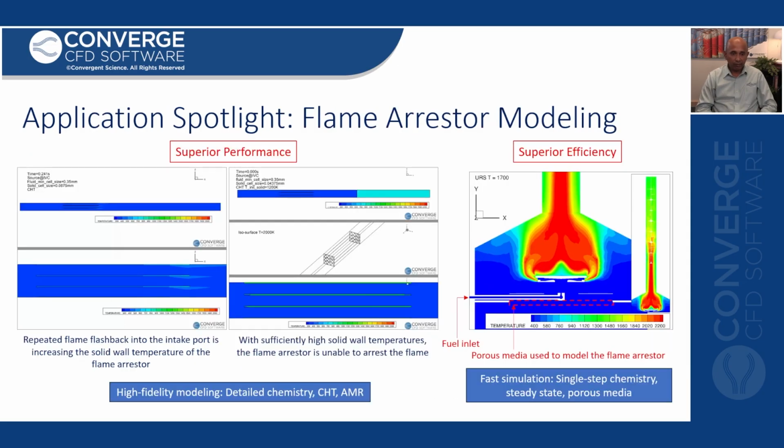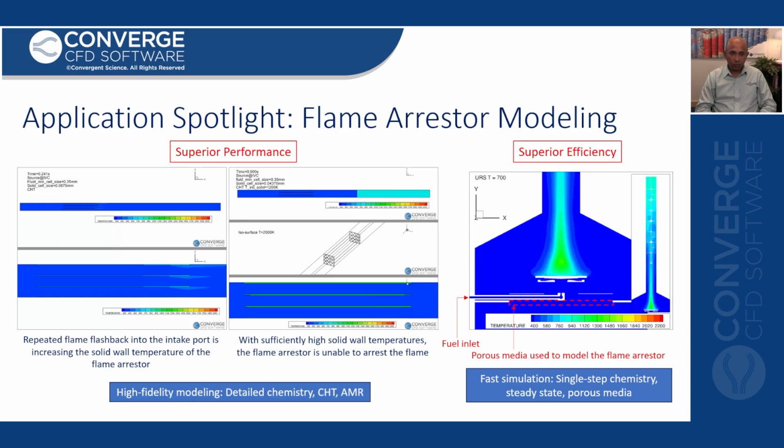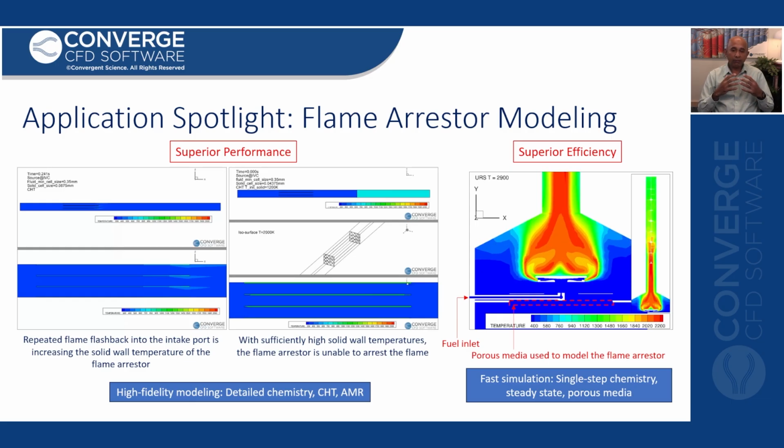Okay, one of my last slides is about flame arrestor modeling. On the left hand side, I'm showing if you want to do the flame arrestor in a three-dimensional way, yes, you can do that with Converge.